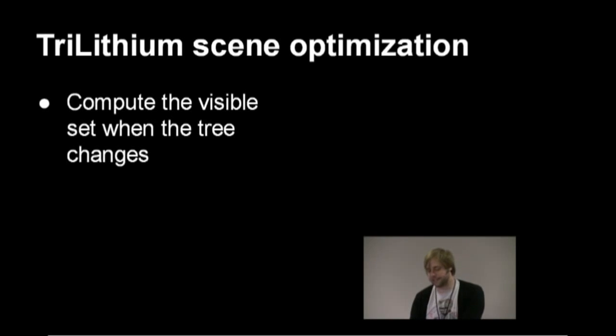Since things weren't moving that much, the visible set was only computed when the tree changed. The visible set means we run through our tree, we figure out what is actually available to draw, and we use that to feed the renderer.